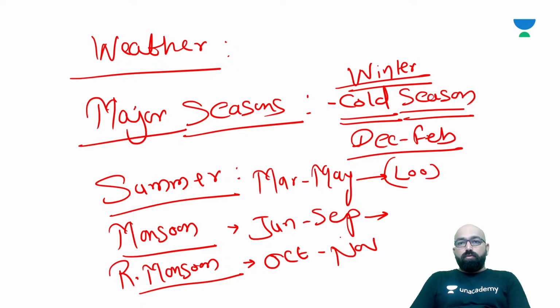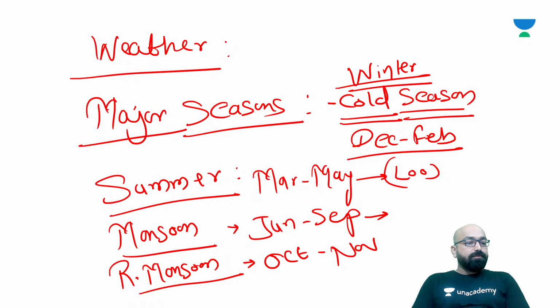The winds blow from the Arabian Sea and Bay of Bengal towards the land, and they carry moisture with them. So when these winds strike the mountain barriers, then rainfall occurs between June to September.